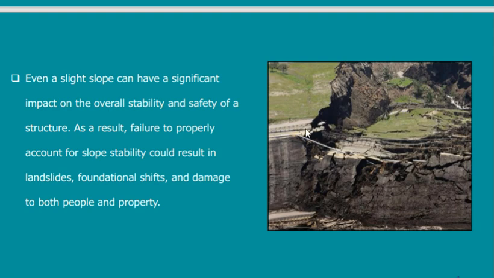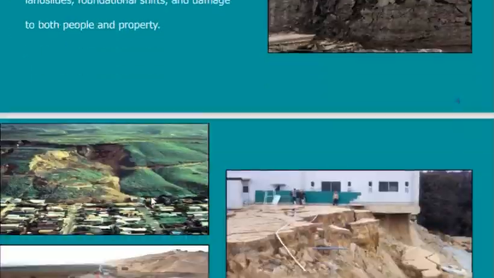But suddenly, this portion of the slope slid down, and the road failed. There is a pipe here, or maybe this is the handrail, I don't know, but it shows that this part of the road was here and then it failed.